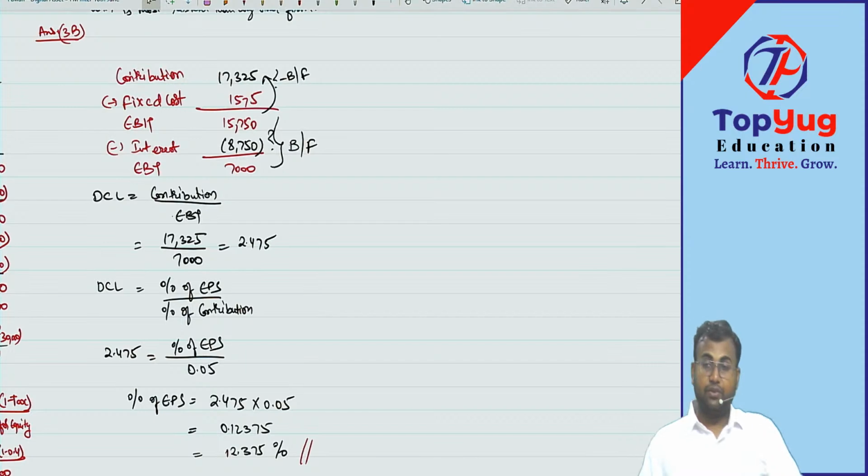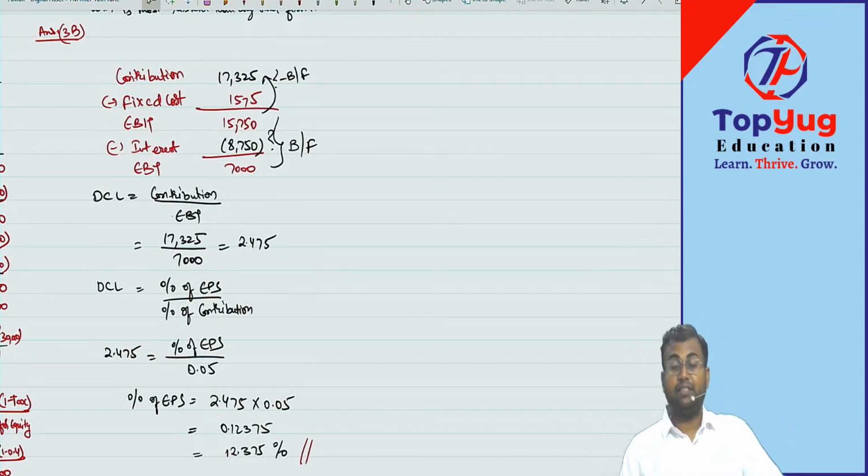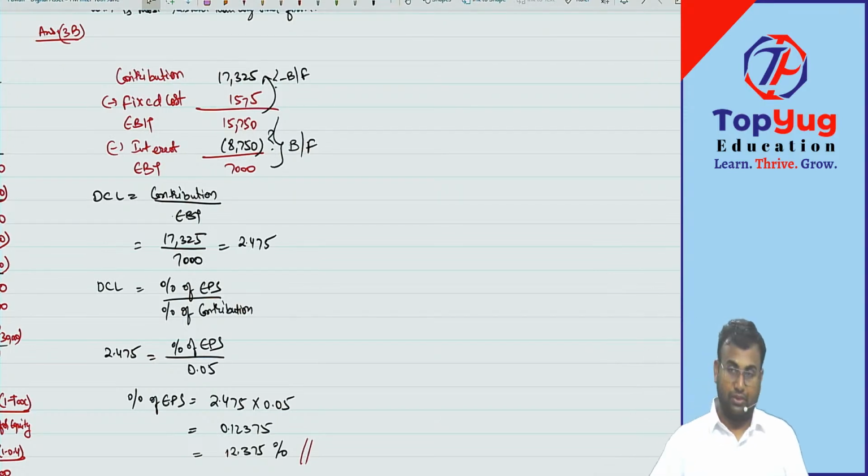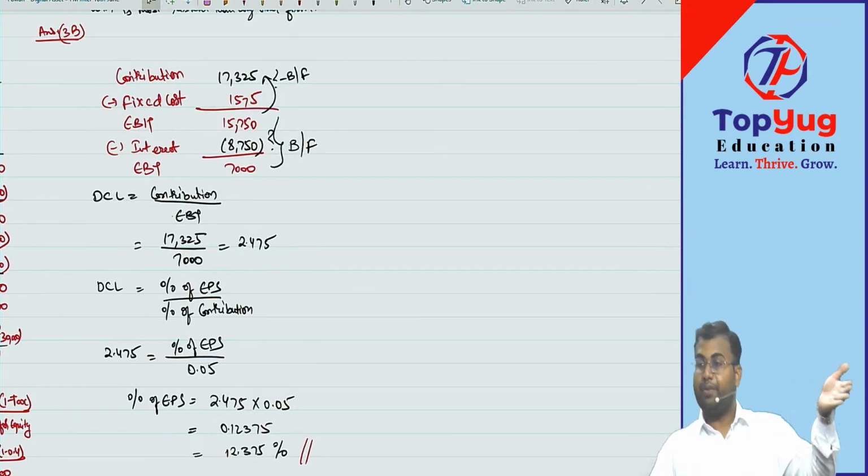Sir, the percentage change of EPS will be the same as the percentage change of EBT. You will say, sir, EPS is not given and we cannot compute EPS because the number of outstanding shares is not given. So you can solve this problem by taking one assumption that the number of outstanding shares is, say, 1000. That way also you can do it, or straight away, if there is no change in the number of outstanding shares, the change in EBT would remain the same for EPS.